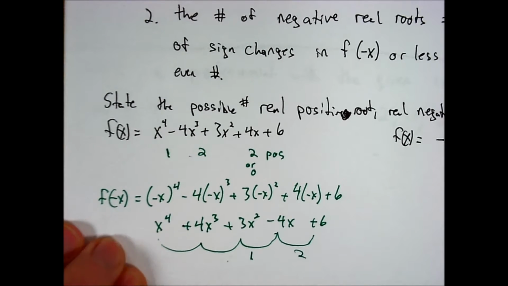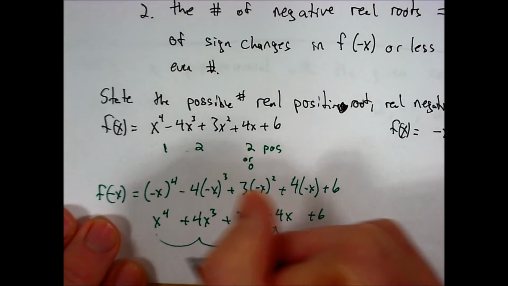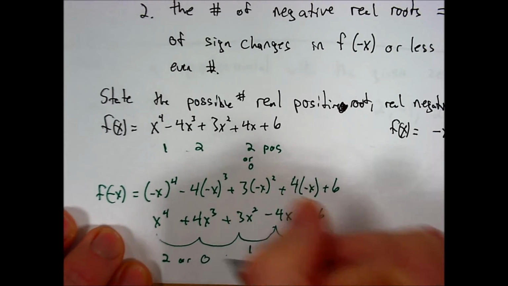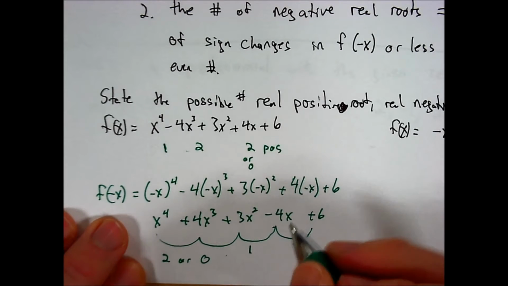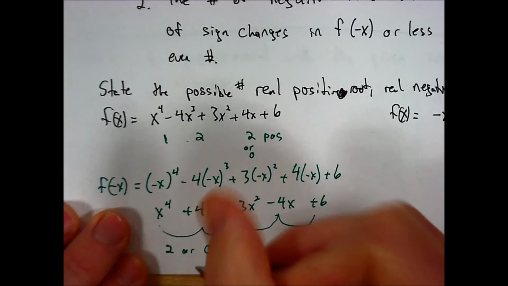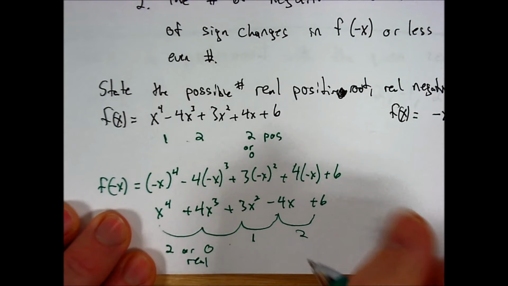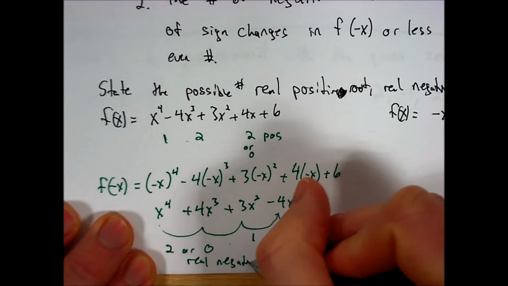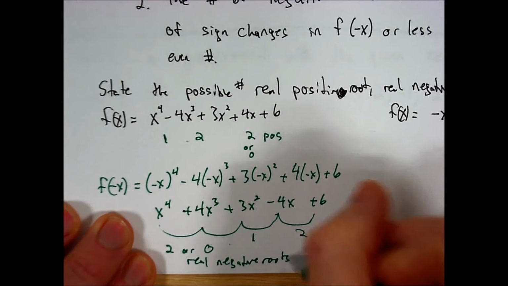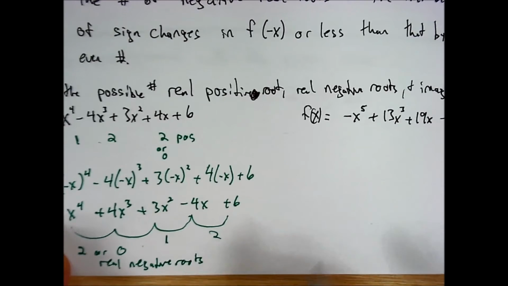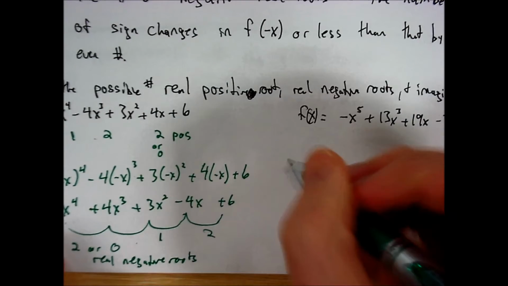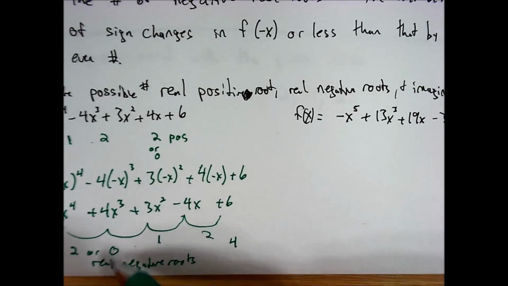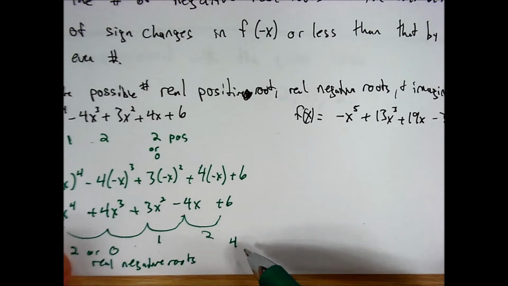So I will have 2 or 0, because it goes down by an even number, 2 or 0 real negative roots. And then for my imaginaries, that means I could have 4, let's say both of these were 0 and 0, well then I could have 4 imaginaries.